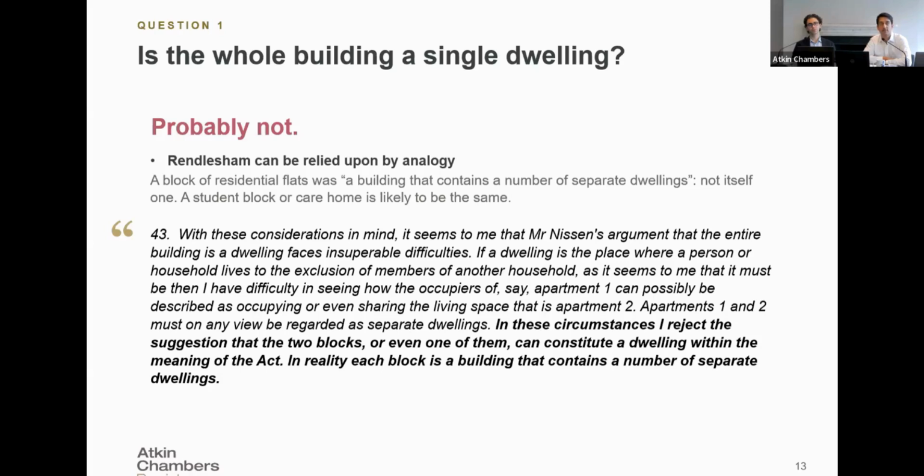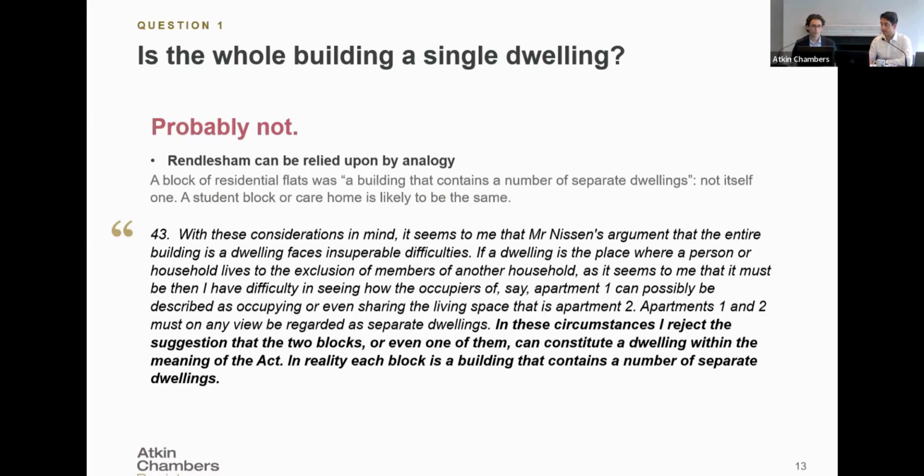And of course, that is fact specific to that case, where, as you can see from the middle of the text there were various different apartments held on leases. And so in his view, because different occupants had exclusive possession of their own different apartments, it was very difficult to say that the overall building was a dwelling for the purposes of lots of different leaseholders.